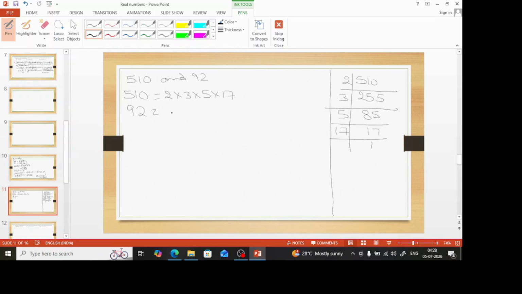Factors of 92 are 2, 2, 23. Now LCM, the same way. First, the factors of 510 we will write as they are.